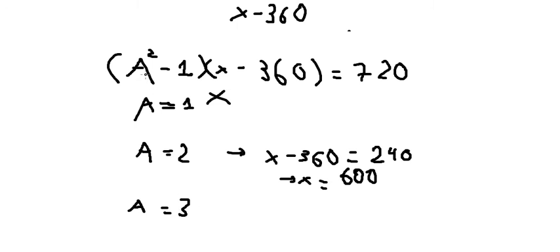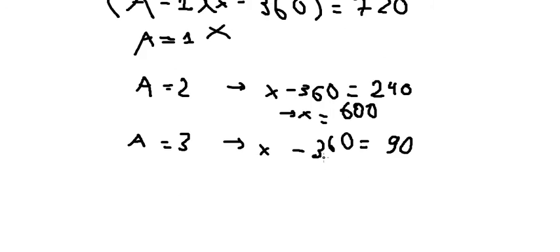If we put 3 in here, you get 9. 9 minus 1, you get 8. 720 divided by 8, you get 90. So we put negative 360 in here, and you get x equals 450.